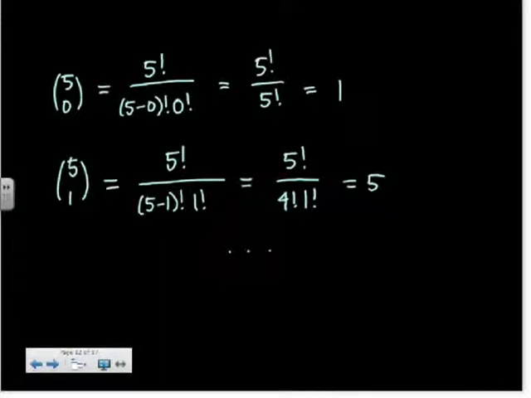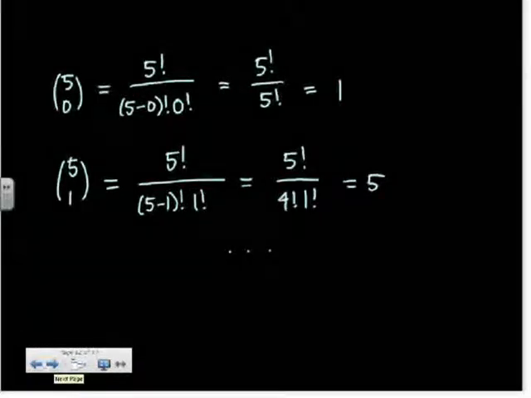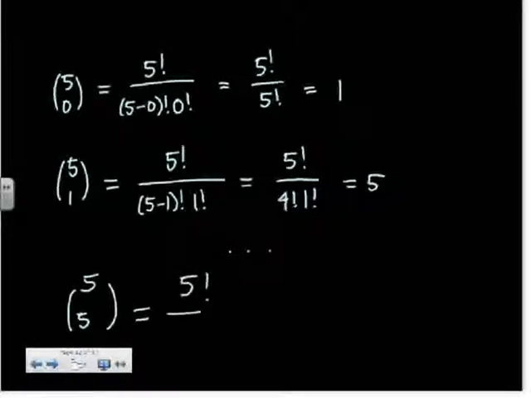Then we can do the same thing for 5 choose 2, 5 choose 3, 5 choose 4, and eventually 5 choose 5, which is equal to 5 factorial over 5 minus 5 factorial times 5 factorial, which is equal to 1.